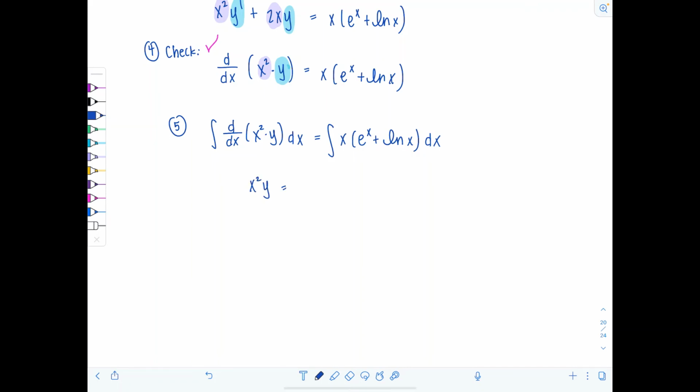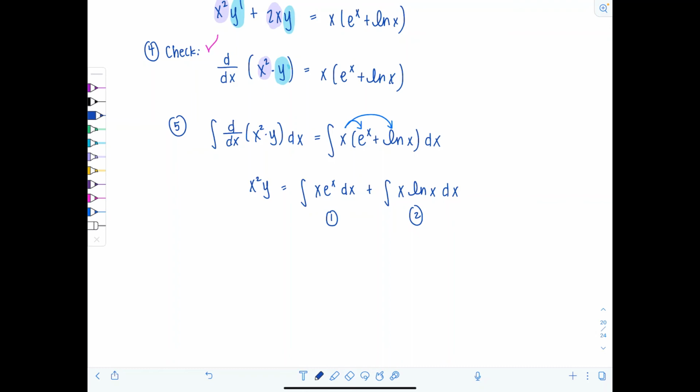And then on the right-hand side, what we're going to do is distribute this x. And we're going to break it down into 2 integrals. So we've got integral x e to the x dx plus integral x ln of x dx. So we've got integral 1, integral 2. Do you recognize what technique we need to use to anti-differentiate both of these?